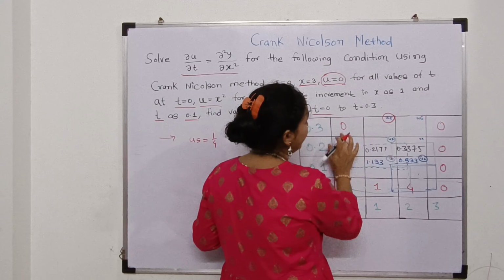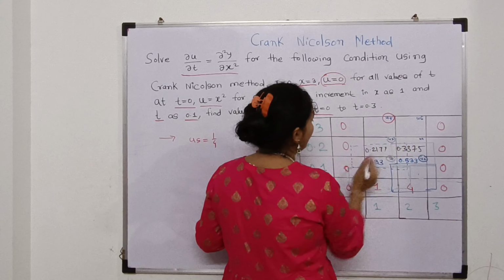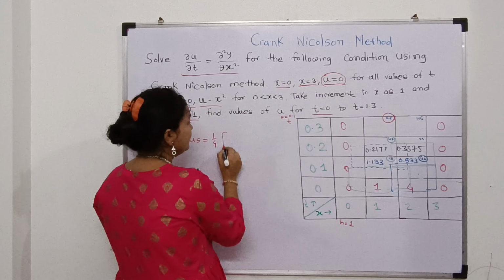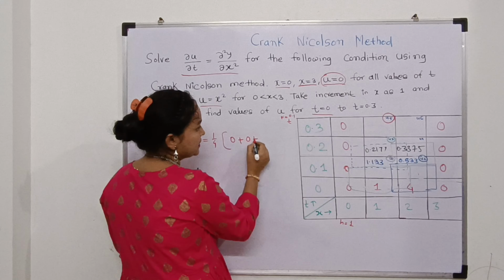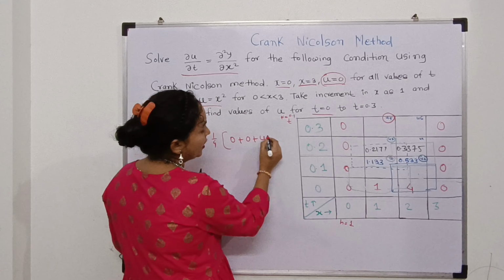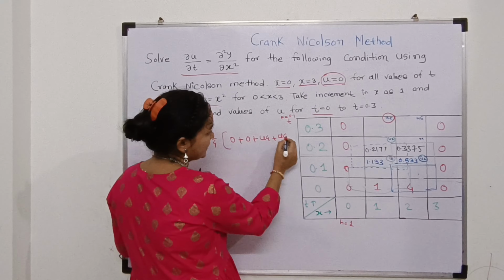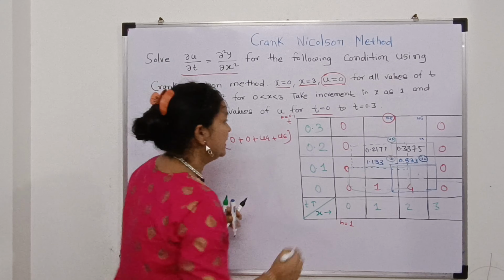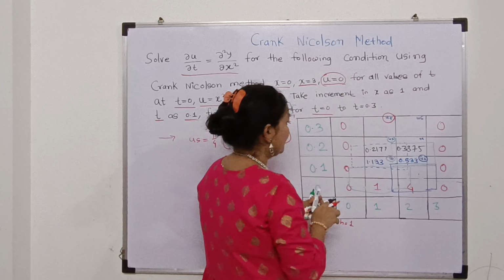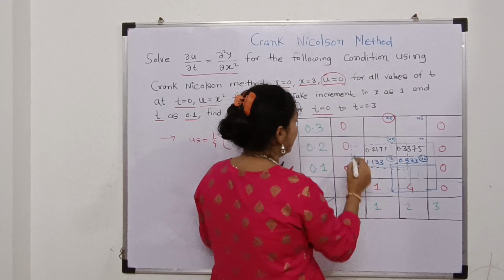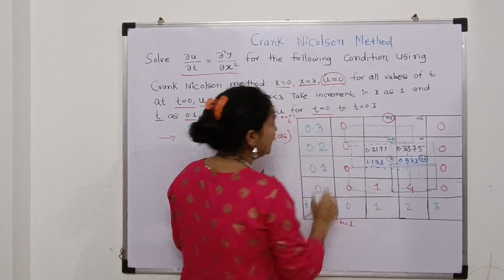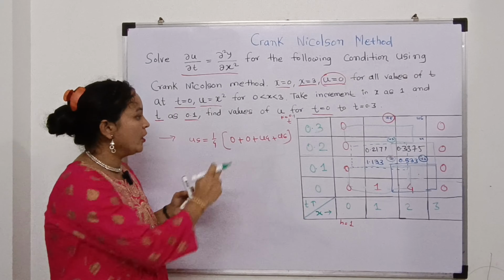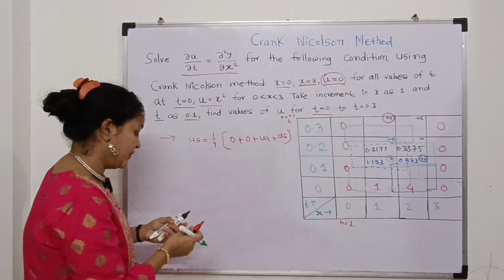Now similarly again you have to make one square over there, that is nothing but this is at the middle point and you are supposed to consider the 4 points. So that become 0 plus 0 plus u4 plus u6, this u5. So you have noted all the corners over here, right?